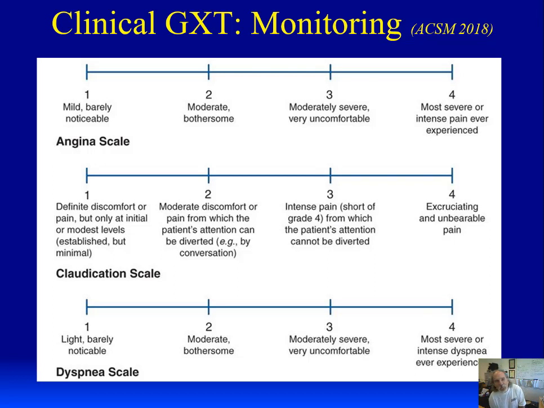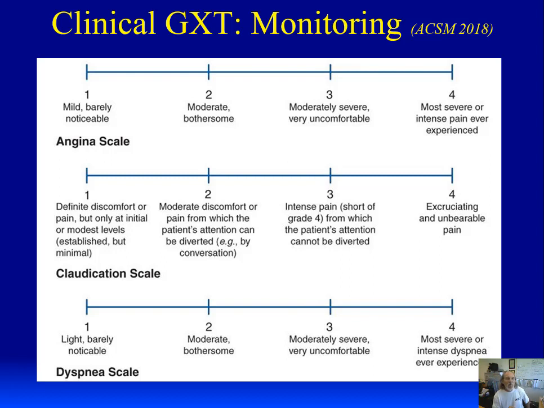Now, these are other scales that you'll use. You can see on the top the angina scale, 1 to 4. Claudication scale, that's for patients with peripheral vascular disease. And remember with the claudication scale, and we'll talk about this more in one of your other units, or we can discuss it during one of the PBL sessions, you have the time of onset that they say they feel it, and then the time that you have to stop a test or an exercise session because of the pain.